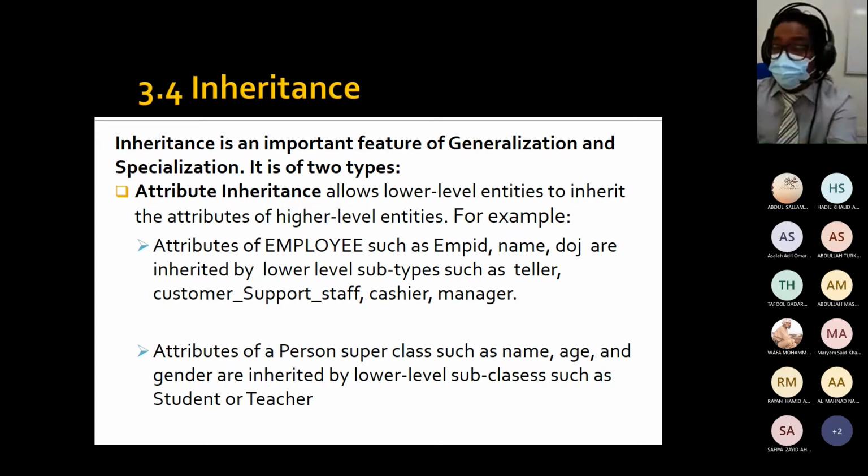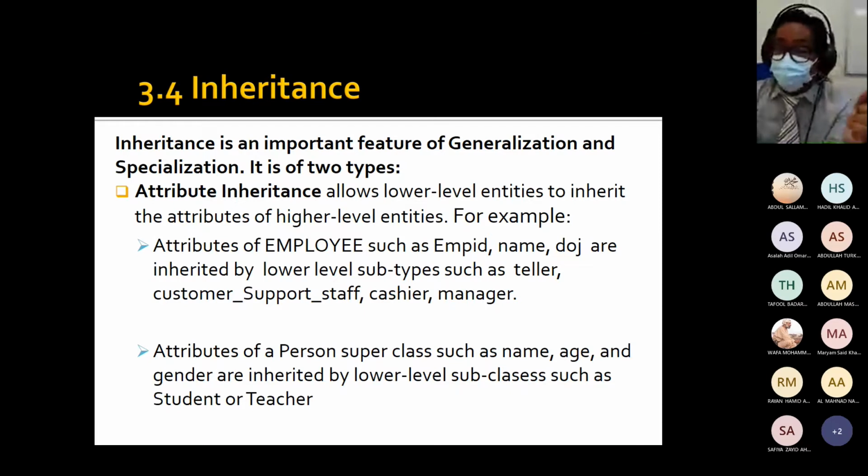So your parents are quite intelligent, and you are also an intelligent person because you have inherited this from your parents. This is the English word that is quite common. It depends on how you use it. But when it comes to EER, it's pretty much similar. Whatever the higher level has, definitely all the lower levels will inherit.